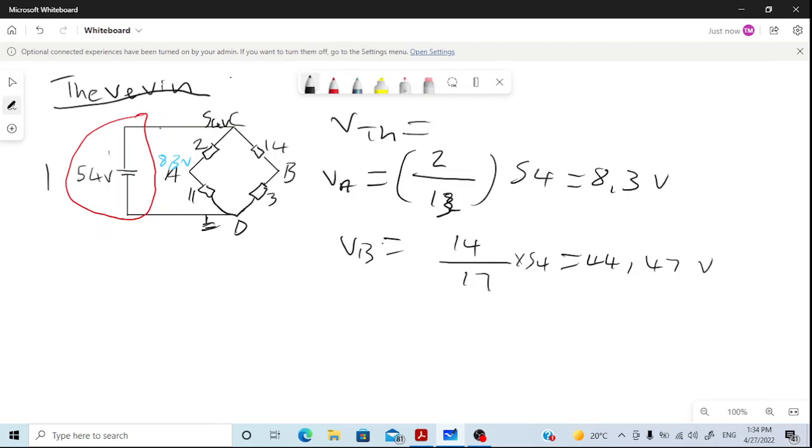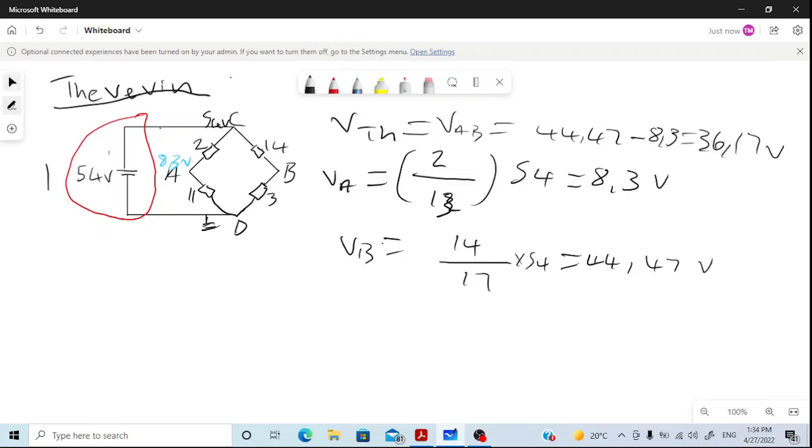So our Thevenin voltage will be equal to VAB, where the final point is B and the initial point is A. So final minus the initial, we will have 44.47 minus 8.3, which is equal to 36.17 volts. So my Thevenin voltage is 36.17 volts.